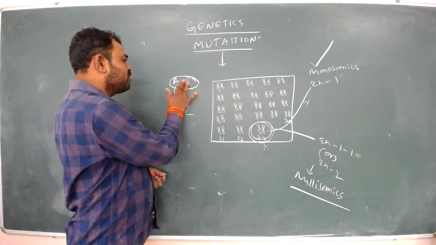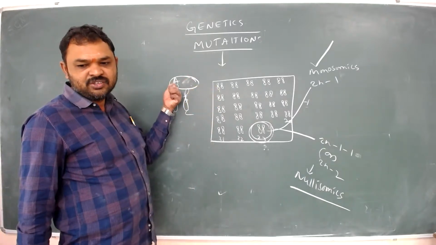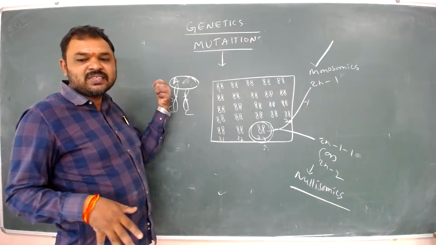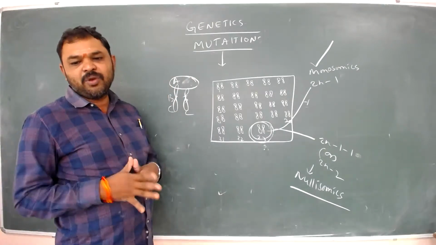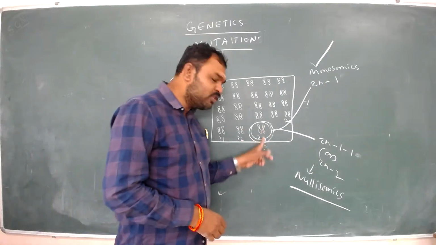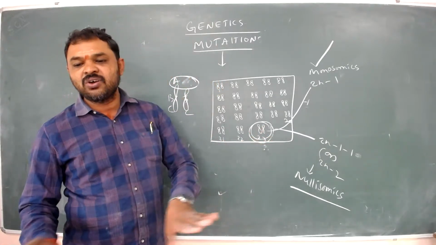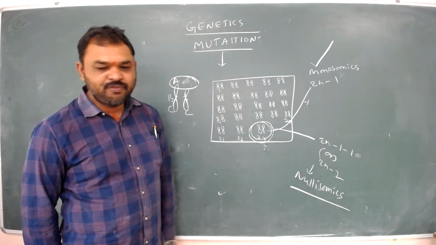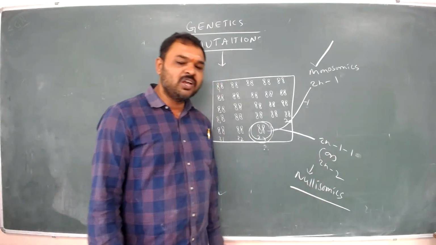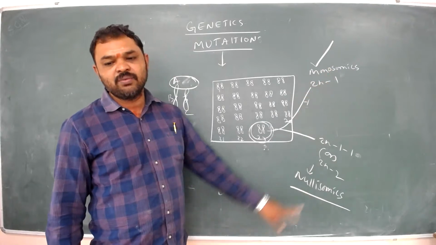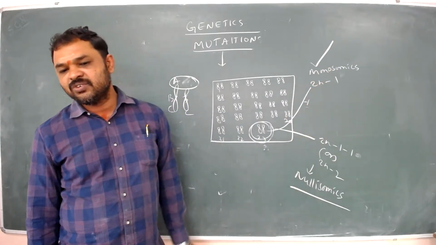If one copy is lost, one more copy is there to perform the activity, so no problem. But if the complete set is lost, the organism cannot survive. Therefore nullisomics cannot survive, but monosomics can. Monosomics formula is 2n minus 1.